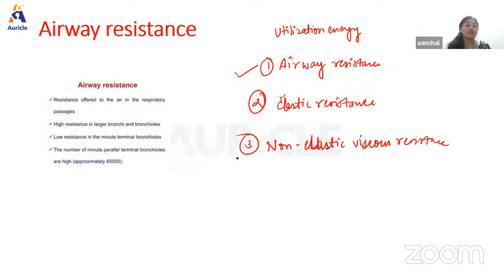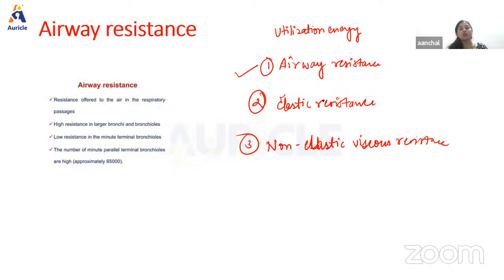So basically, what is airway resistance? This is the resistance that is offered to the passage of air through the respiratory tract. Resistance increases during bronchial constriction, which increases the work done by the muscles during breathing, and the work done to overcome the airway resistance is known as airway resistance.